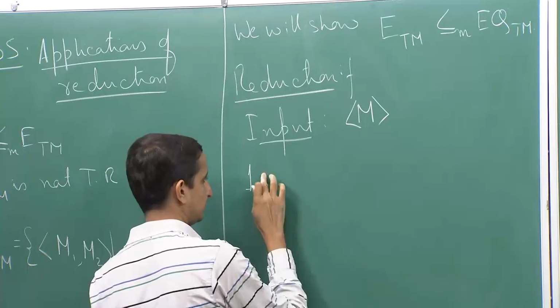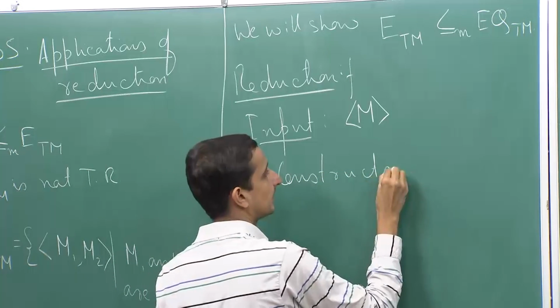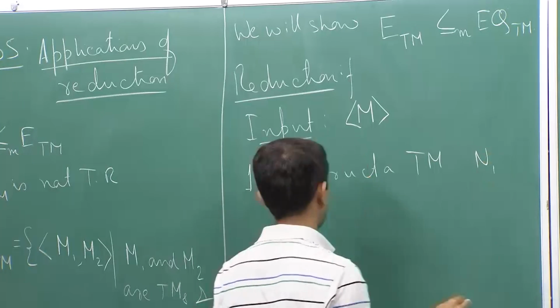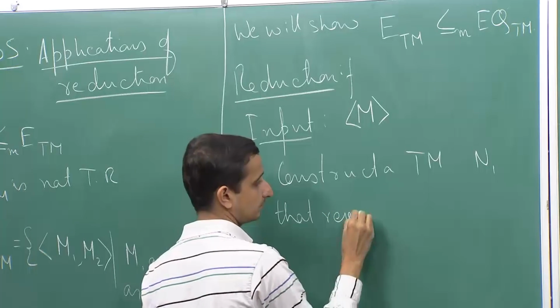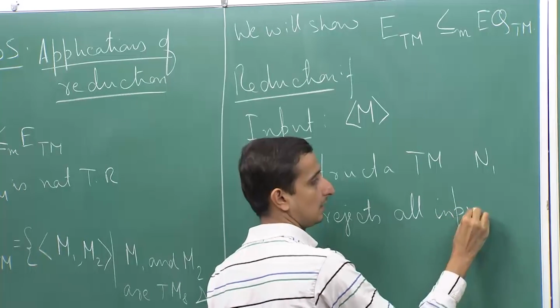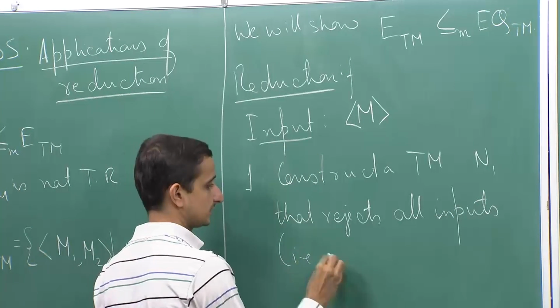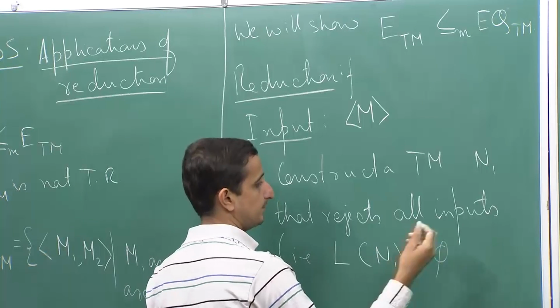First, it will construct a Turing machine N1 that rejects all inputs. In other words, the language of N1 is the empty language.